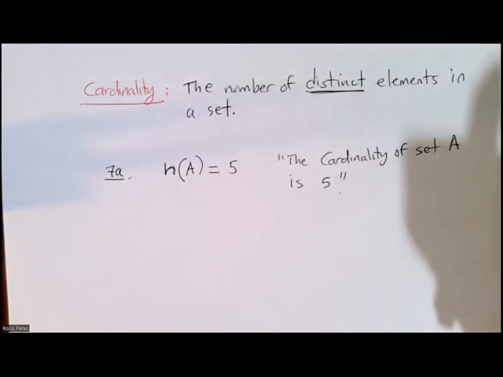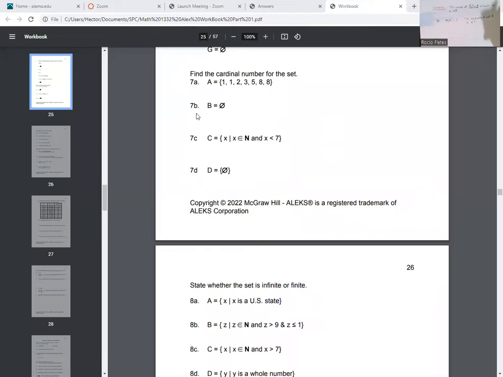All right. And similarly, let's go ahead and answer the other parts of the question. Now, 7b, notice that B is the empty set, right? So B equals the empty set. So because B is empty, this means the cardinality of B equals 0.